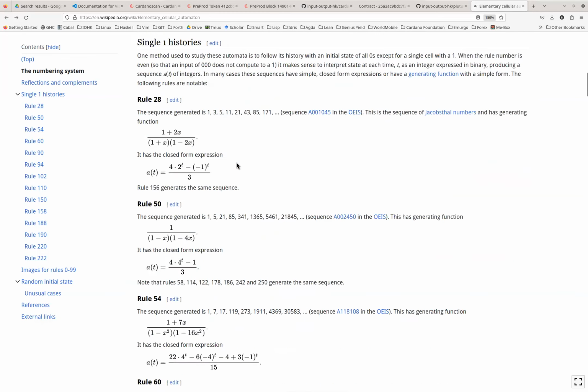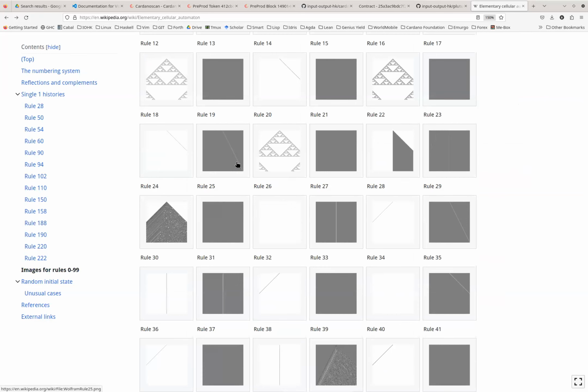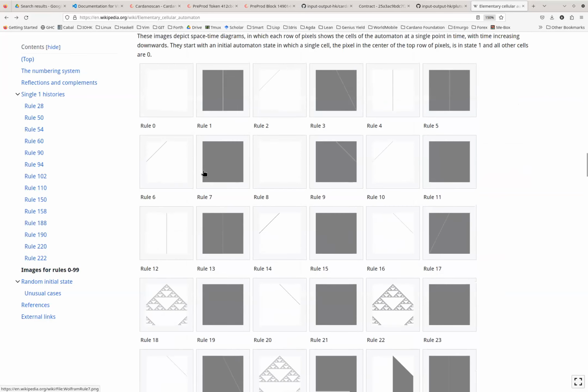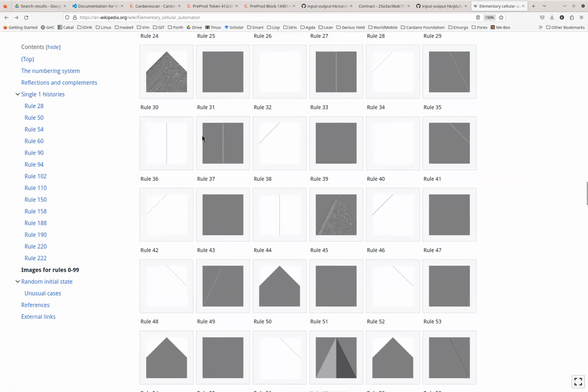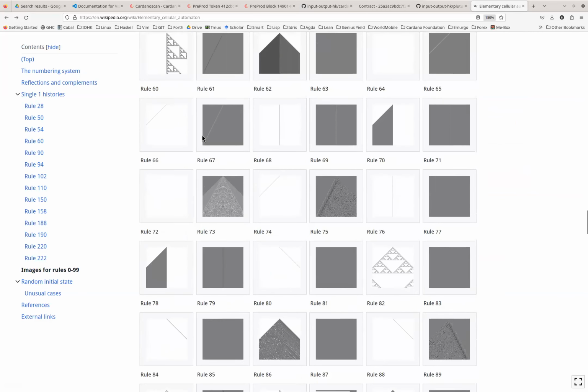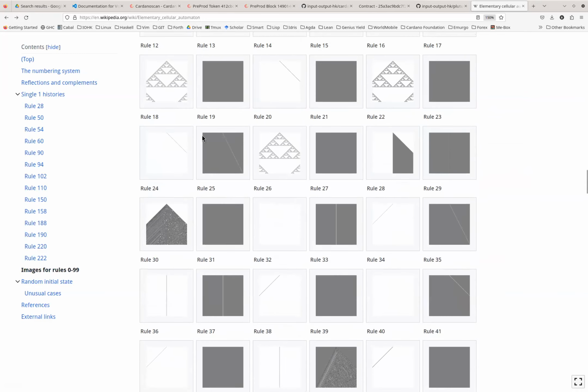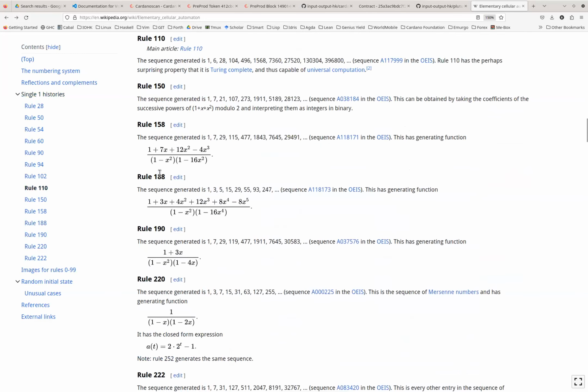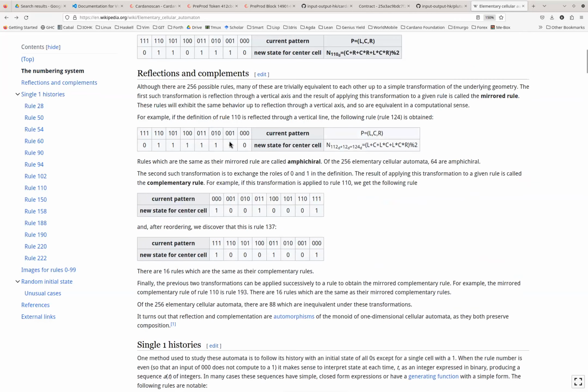They now say this one looks interesting. The one that looks pretty is rule 18. And what does rule 18 mean? 1 plus 16.